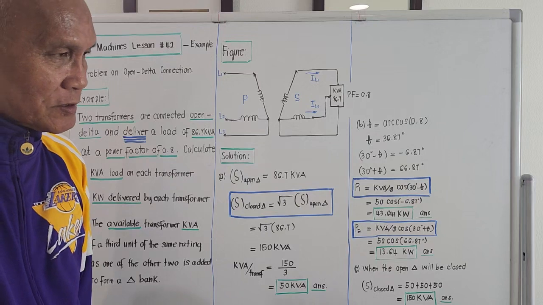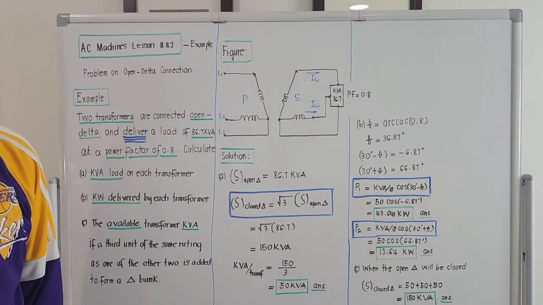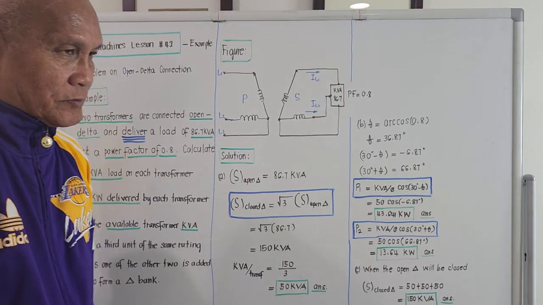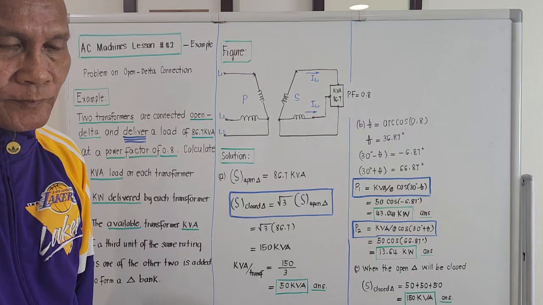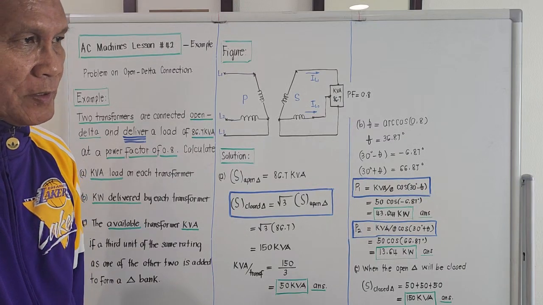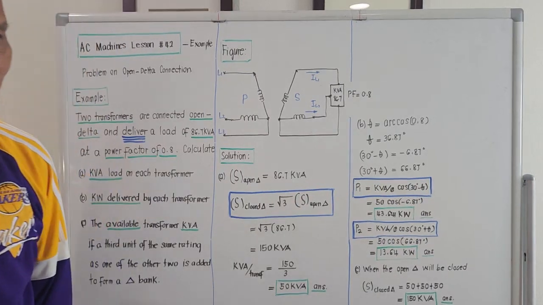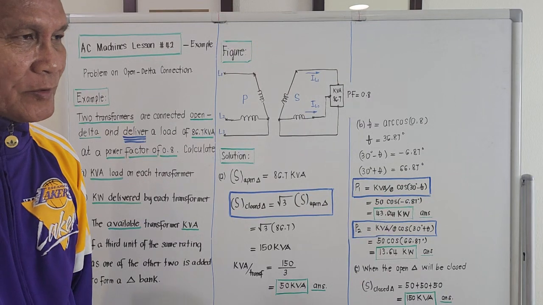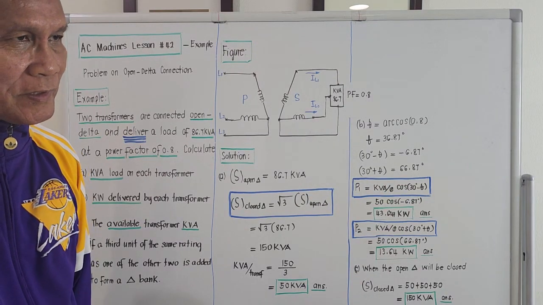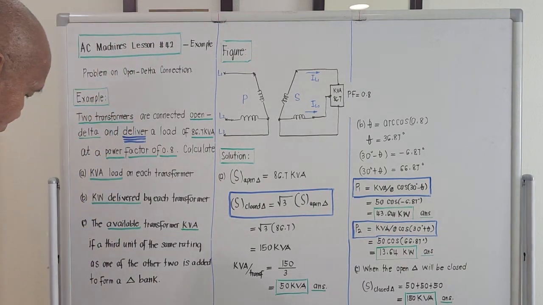So for us to have electric power, utility companies try to connect their transformers in the so-called open delta connection. That's a real thing. The closed delta is sometimes just theoretical, because in the actual field we could not eliminate these defective transformers. Okay, let's try to bring out an example problem.